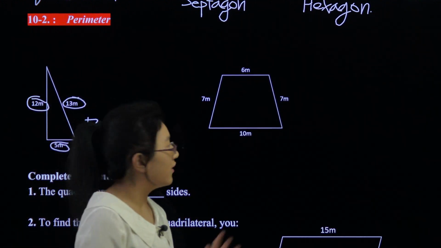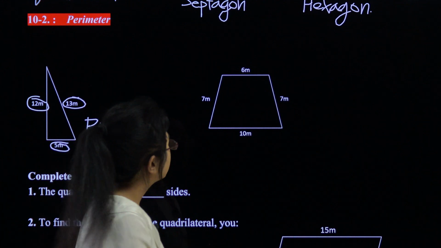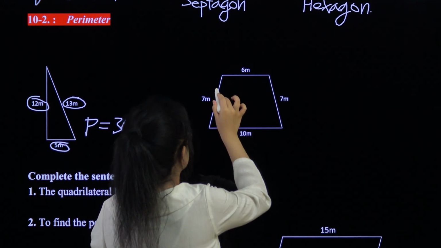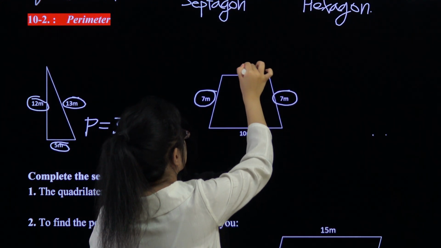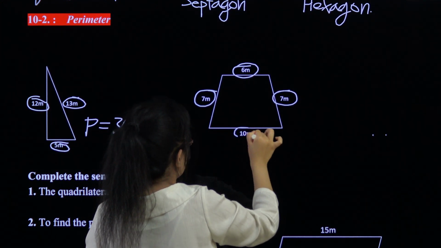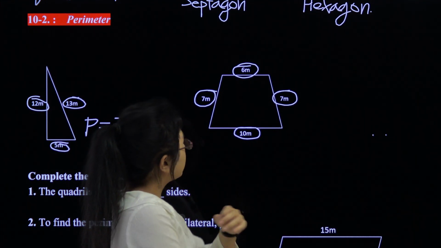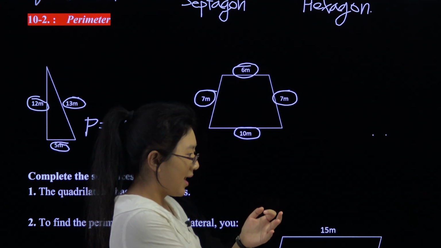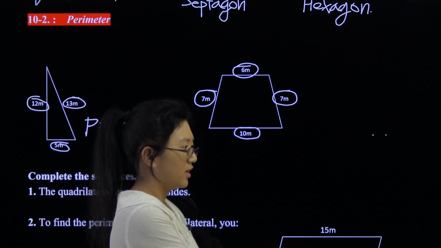What about for this lovely quadrilateral over here? By the way, this is a trapezoid. There's 7 meters, 7 meters, 6 meters, and 10 meters. You add these up, and you get 13 plus 7, which is 20, 20 plus 10, 30.